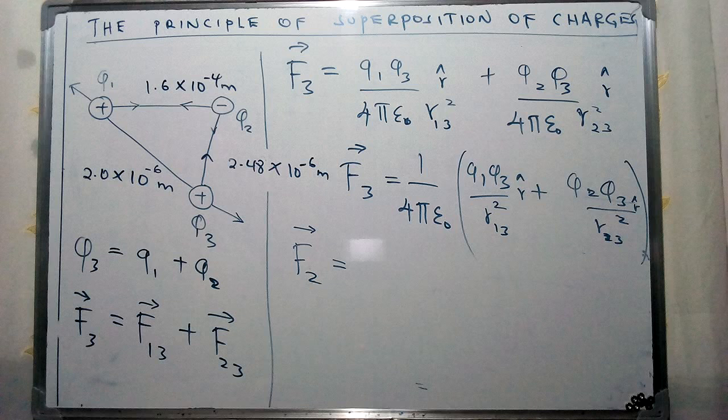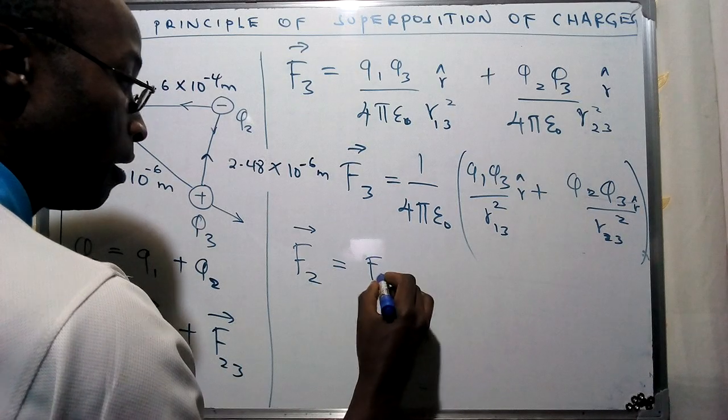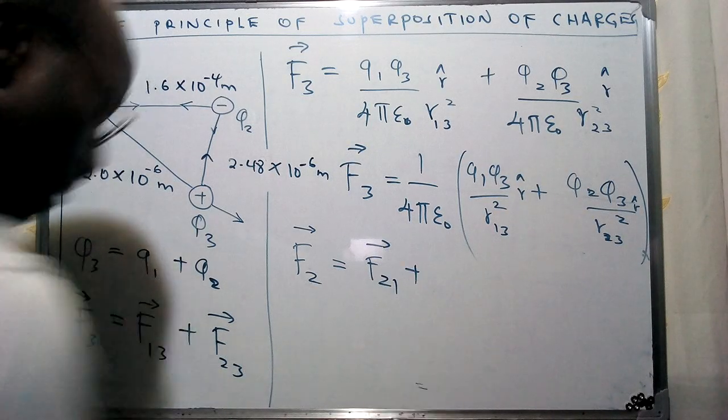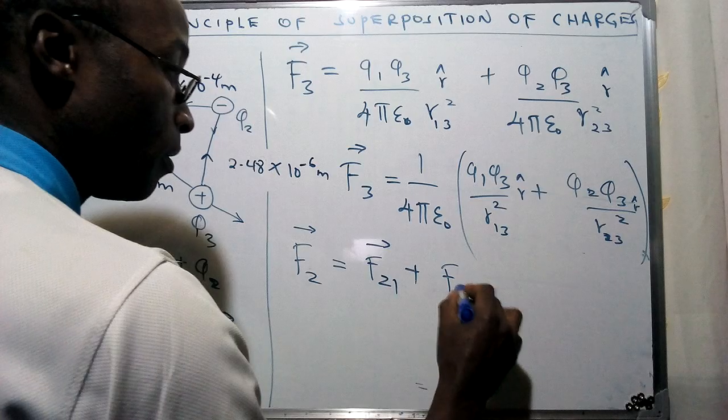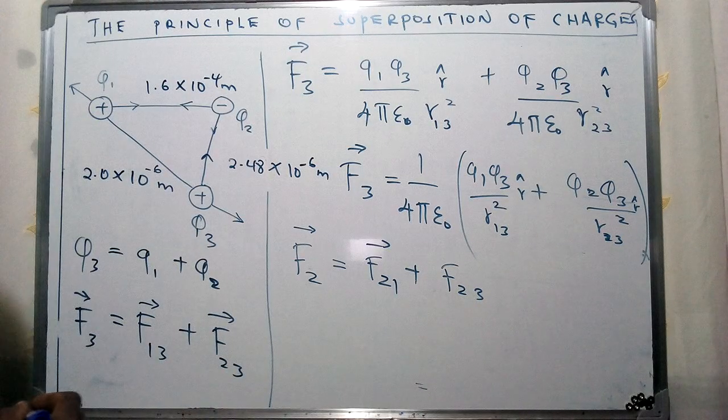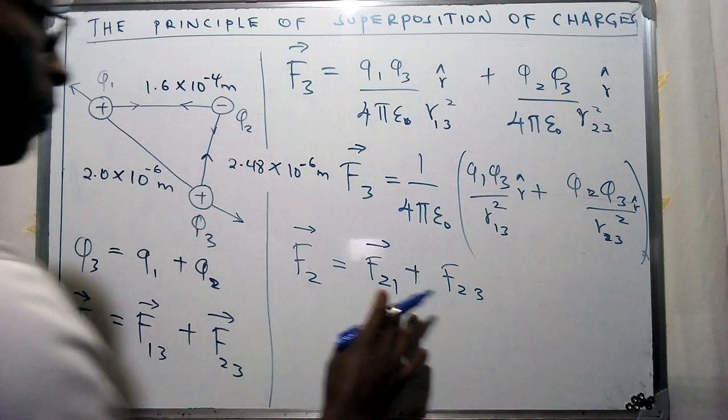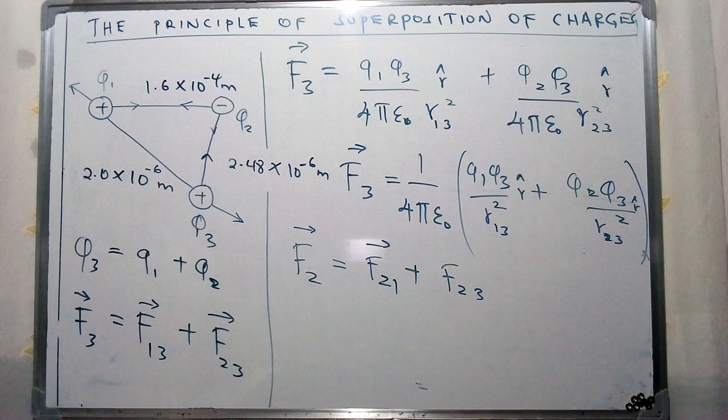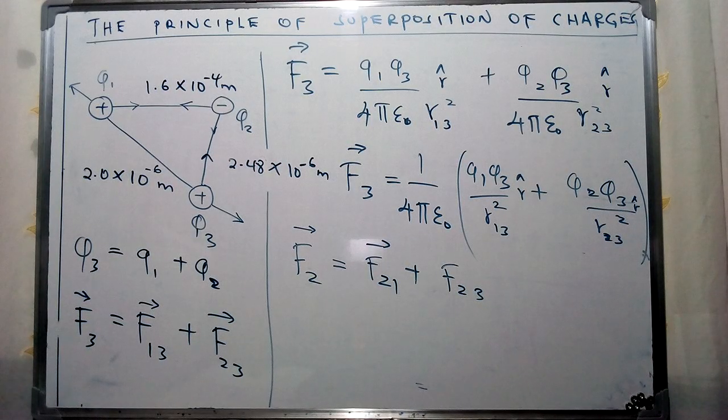So this is going to be force 2 on 3, and as we had mentioned, this is given in terms of this specific sum. If we are calculating that type of force, we are going to be using that specific formula.